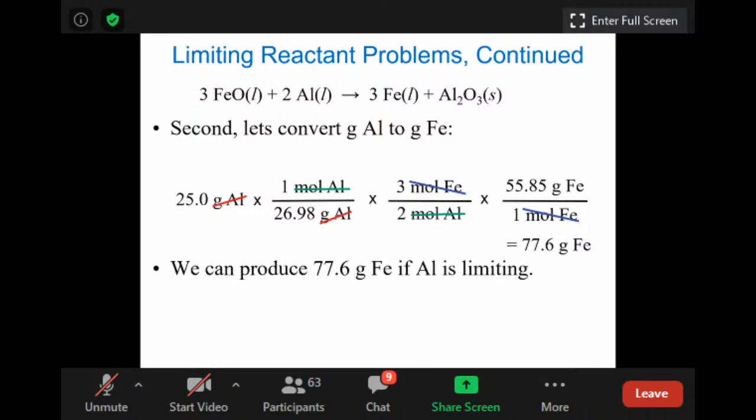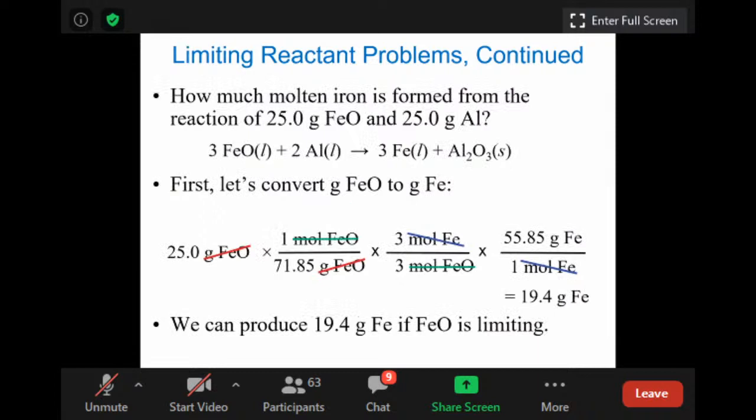So you see, aluminum can make 77.6 grams of Fe. All right? Whereas FeO can make what? 19.4 grams of Fe.